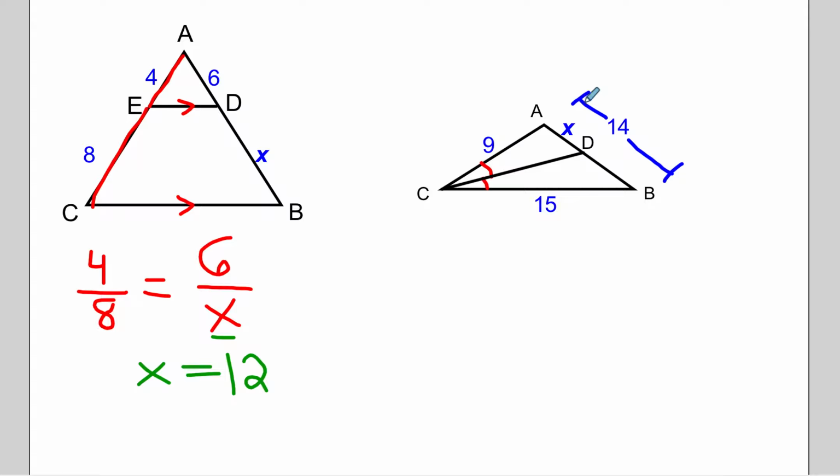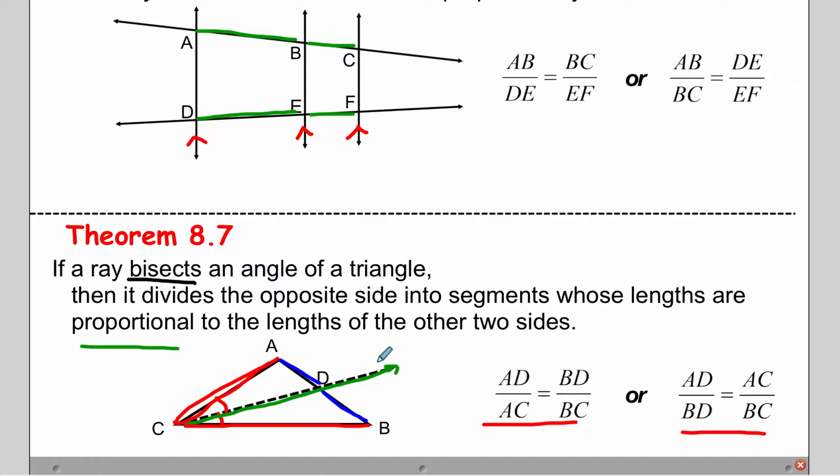We can see that we're given that this whole side is 14, and that this little segment we have marked as x. So the two proportions we could set up here, remember it's the exact same picture as right here in theorem 8.7. So you could just copy this down and then plug in what we know.